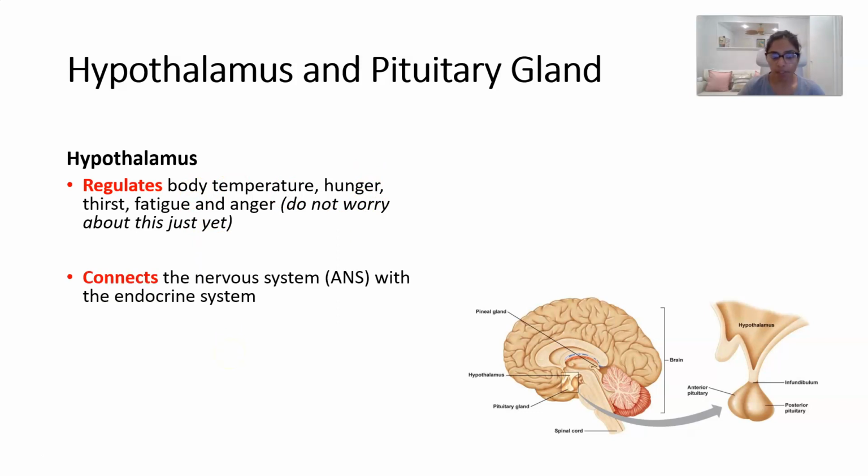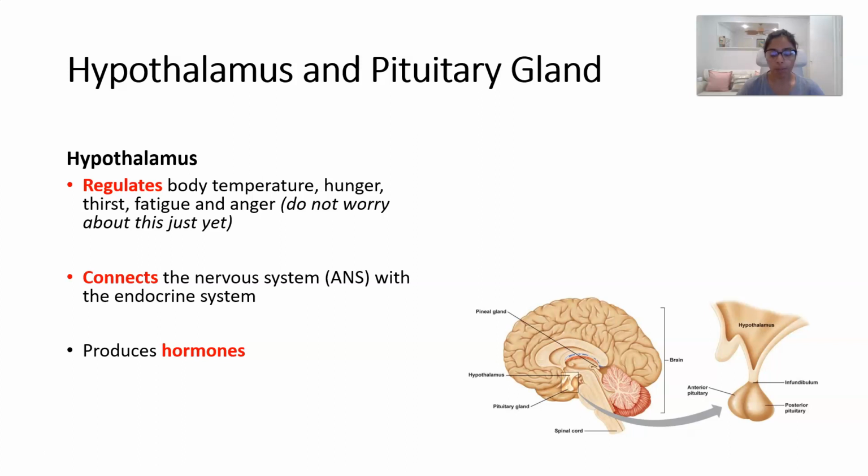The hypothalamus will connect to the nervous system. ANS stands for autonomic nervous system. So this is your subconscious level of nervous system. We'll talk more about that in the next topic. But it does connect the nervous system with the hormone or endocrine system.